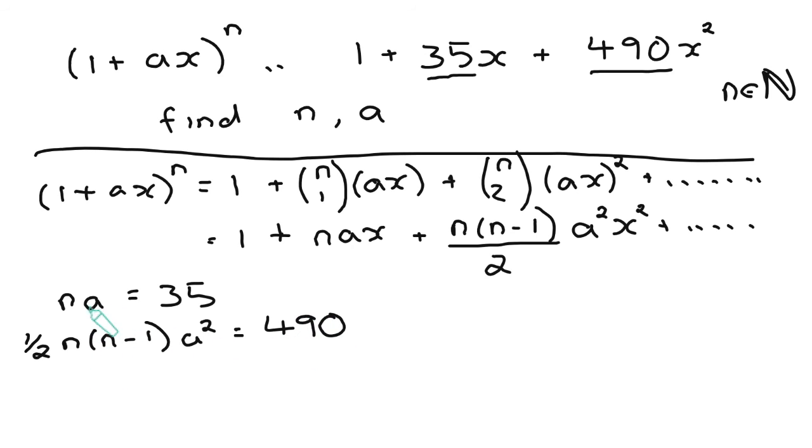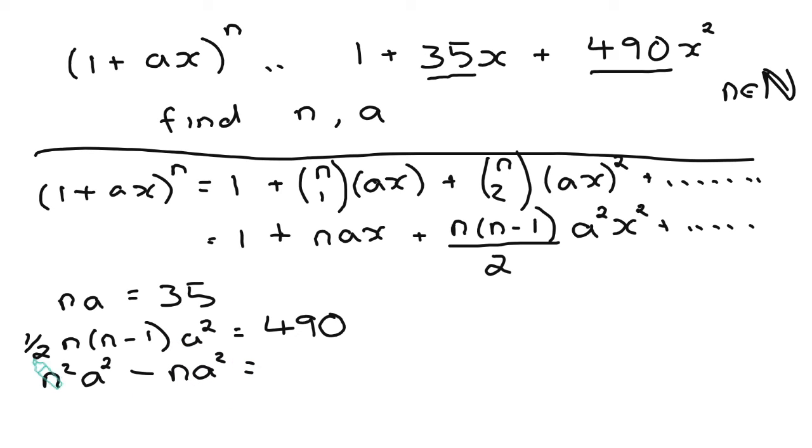And so what have we got? We've got simultaneous equations in n and a. So what we want to do is work out how to eliminate one of them from one of our equations. I'm going to do a couple of things in one line. I'm going to multiply both sides by 2 so that I get rid of this fraction. And then I'm going to expand this out. So here I'm going to have n squared a squared from this bit, and then minus n a squared from this term.